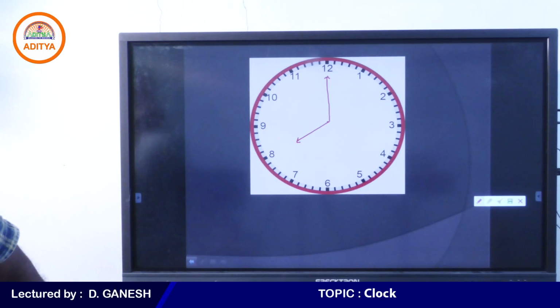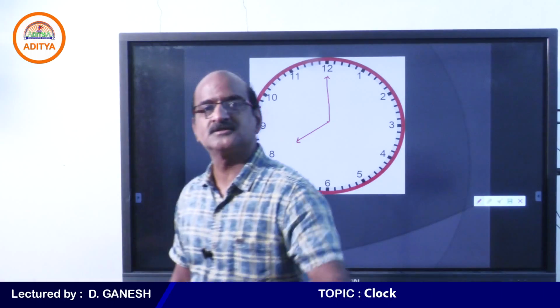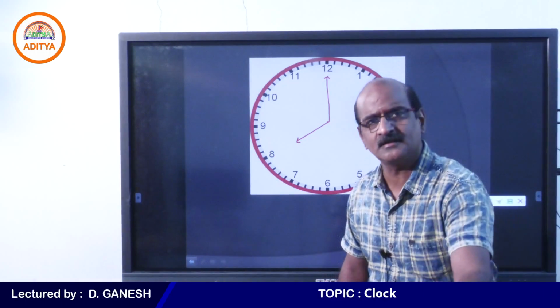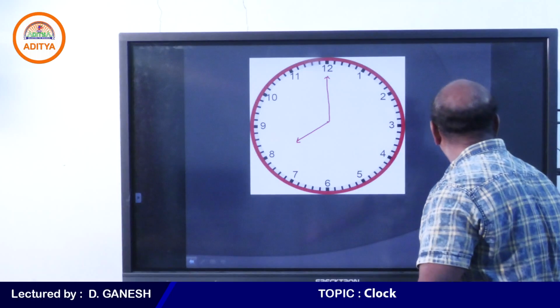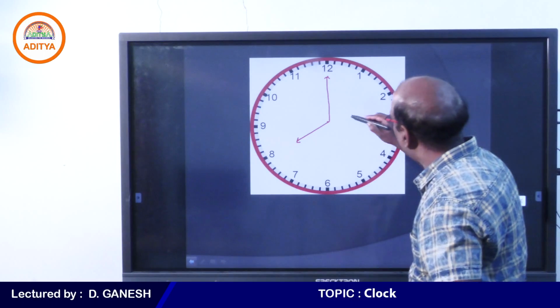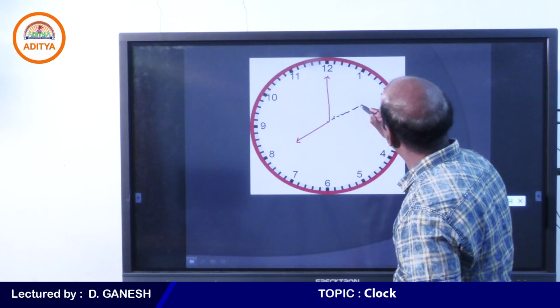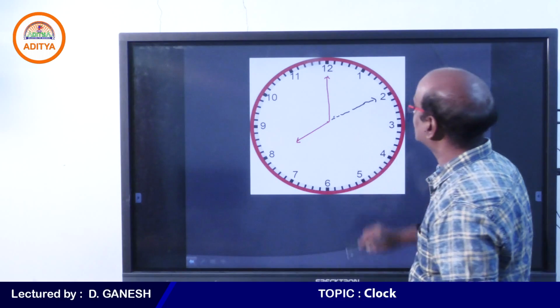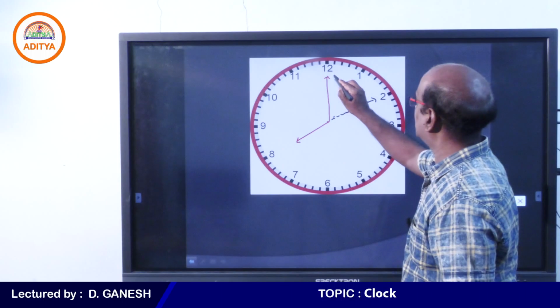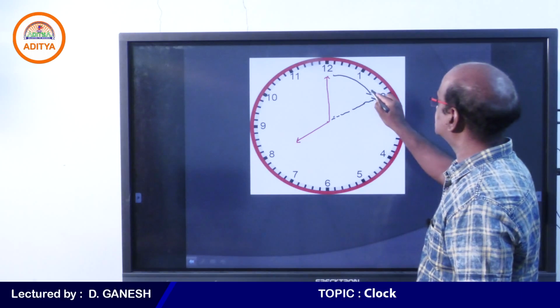Now the time is 8 o'clock. So when will the hands be opposite? You only said it is within 10 minutes. Yes, exactly. So within 10 minutes, the hands will be opposite, at about 8:10, isn't it? Which means the minute hand has to move how many divisions? 10 divisions.